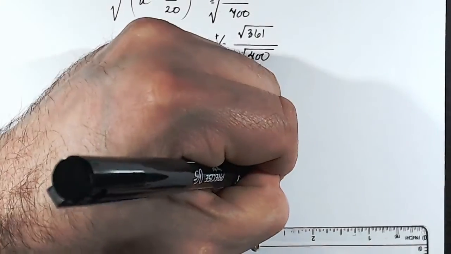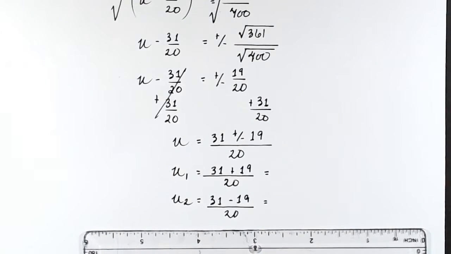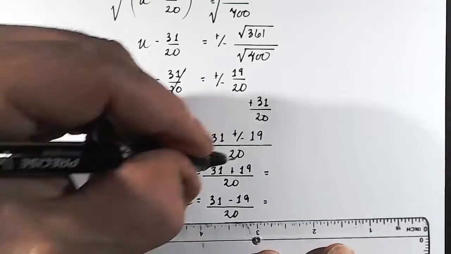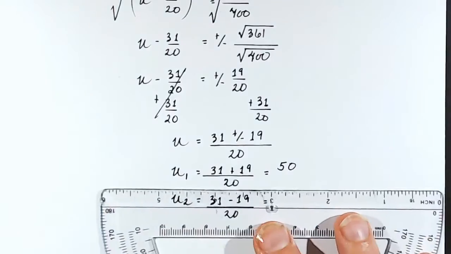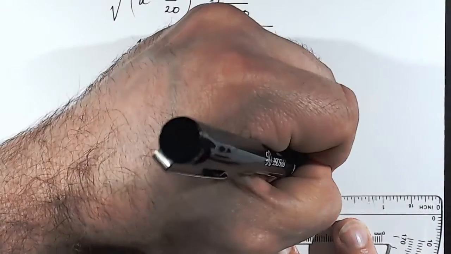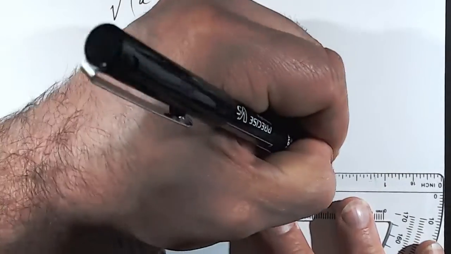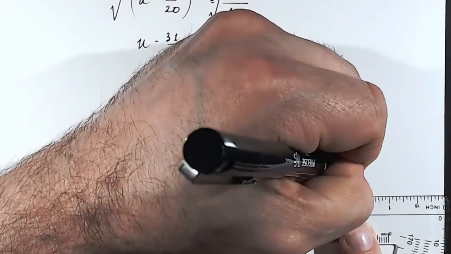All right, so a little bit of math involved there. 31 plus 19 is 50 over 20, which reduces down to 5 over 2, which we'll write as a decimal as 2.5.